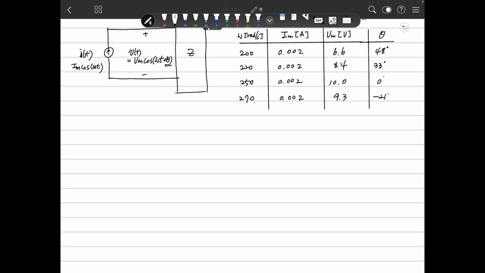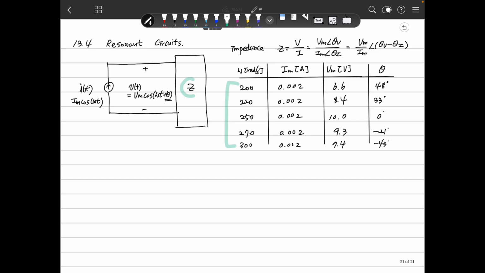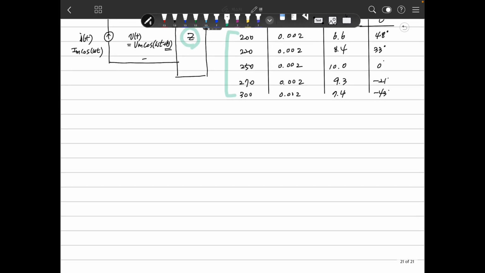So what is the meaning of that? We have one more: at 300, with the same source, we measure the voltage, and it is 7.4 with a phase angle of minus 43 degrees. According to this experimental result, what can we guess? Because this is a simple fixed circuit, the impedance is a function of omega.